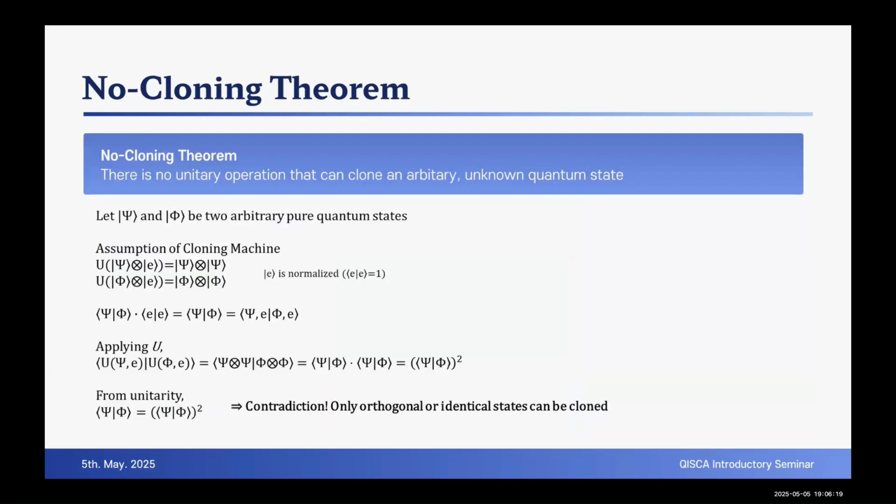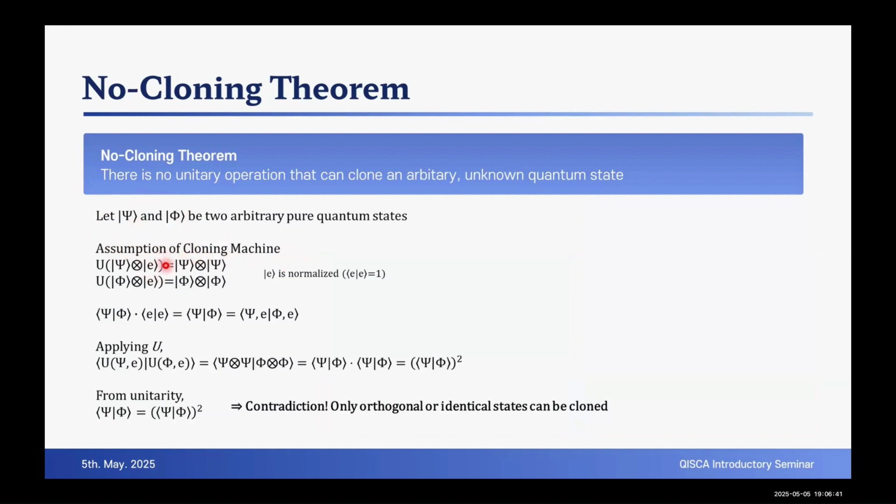Let's look more deeply at the no-cloning theorem. The no-cloning theorem states that there is no unitary operation that can clone an arbitrary unknown quantum state. So let |ψ⟩ and |φ⟩ be two arbitrary pure quantum states. We're going to assume that there exists a cloning machine.